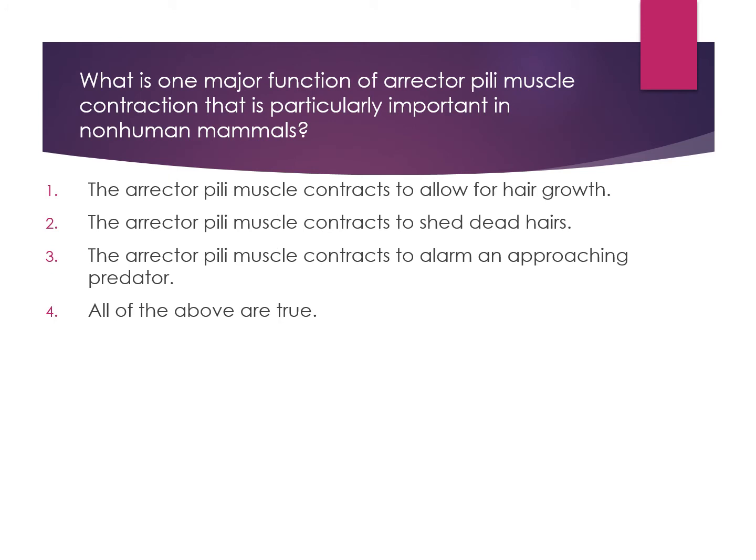What is one major function of the erector pili contraction that is particularly important in non-human mammals? Is it the erector pili muscle contracts to allow for hair growth, or to shed dead hairs, or to alarm an approaching predator, or all of the above?